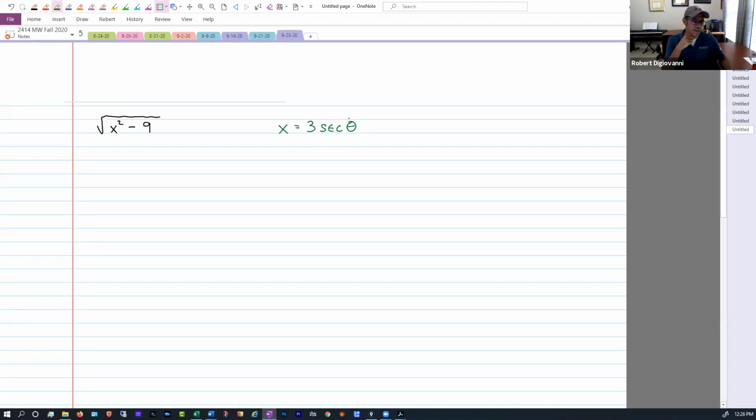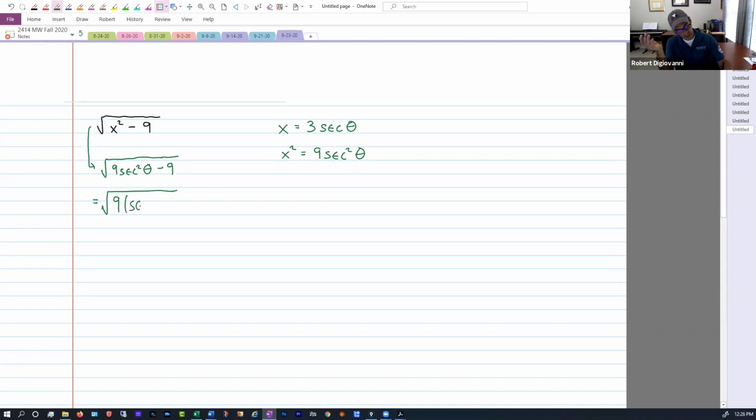Now let's see why this works. What would this turn into if we replace the x? Oh, sorry, we have to square it. Let's square it. This becomes 9 secant squared theta. So if we replace the x squared with that, we get 9 secant squared theta minus 9. Again, we can factor 9 out.